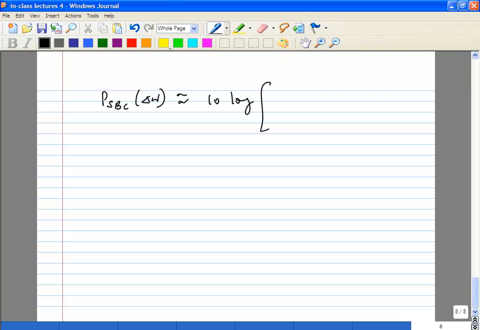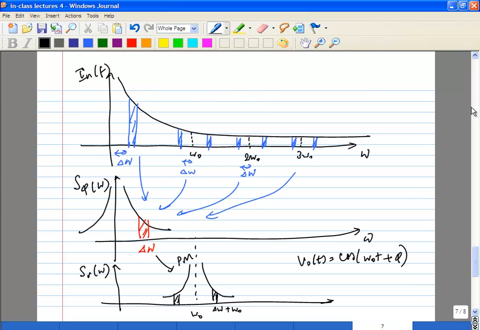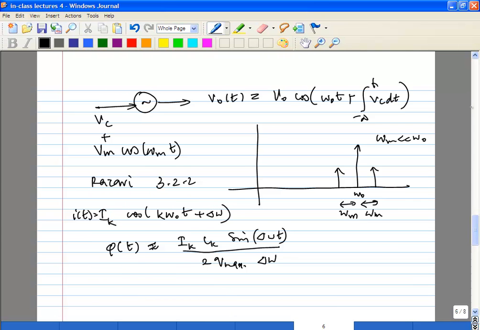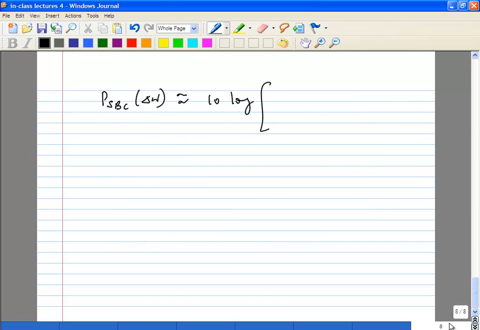If you just take the case of, let's say, ik cos k omega naught t plus delta omega, you can do the same narrowband approximation and show that the power is ik squared ck squared over 4 q max squared delta omega squared.